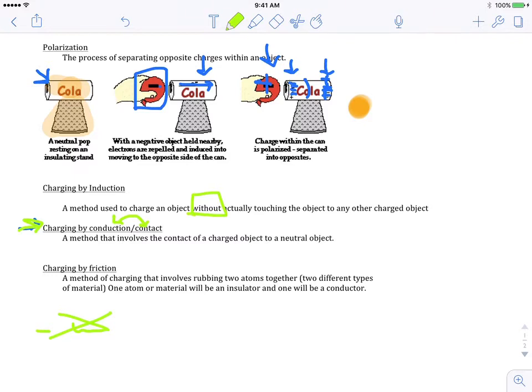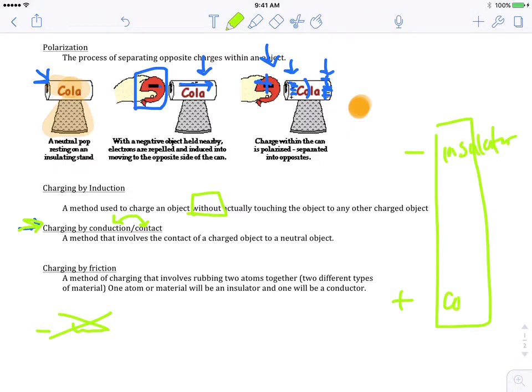Now, this is kind of a general term because remember you have that triboelectric list, right? You have things up here that are more like insulators, and you have things down here that are more conductors. Now, let's say you have an object down here that's really a conductor, but then you have an object that's maybe 2 steps above it.